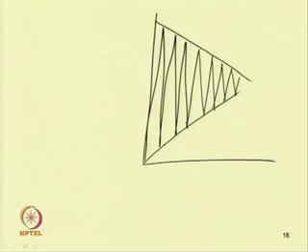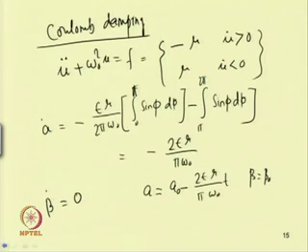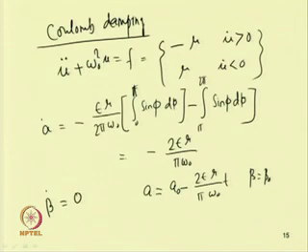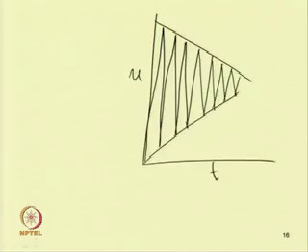This is u versus t. Unlike the linear system, where it is exponentially decaying, in this case it reduces in a linear way. So, this is a equal to a 0 minus 2 epsilon mu by pi omega 0 times t, where t is the time and the rest is constant. It is in the form of y equal to mx plus c, that of a linear equation. That means it reduces linearly, and one can obtain the response in this way.